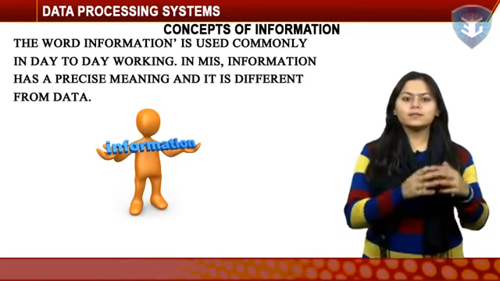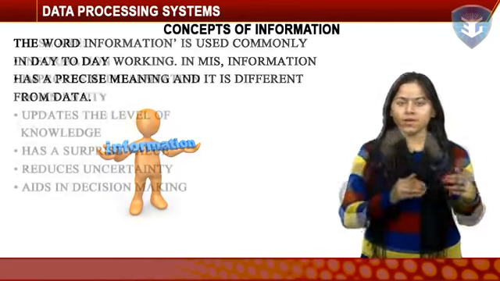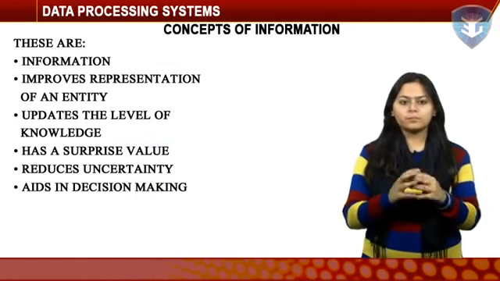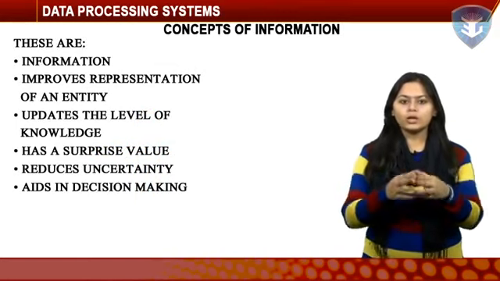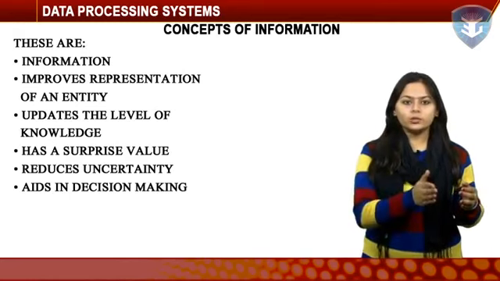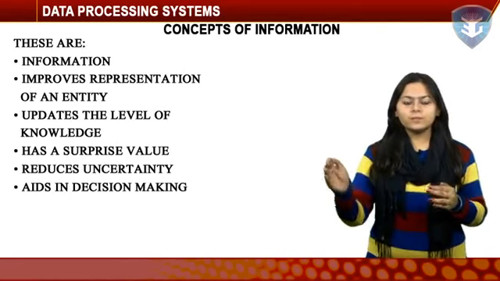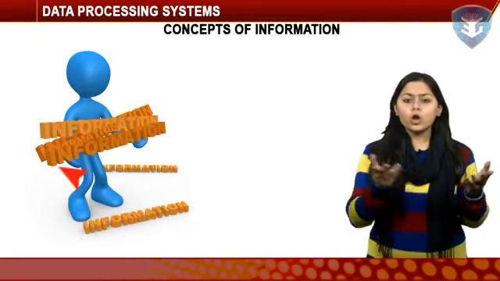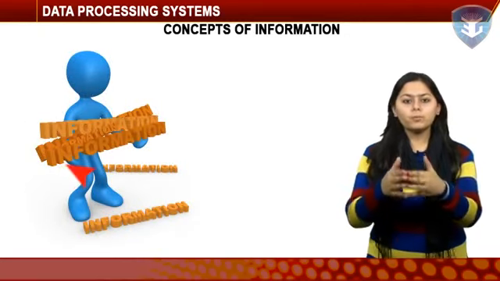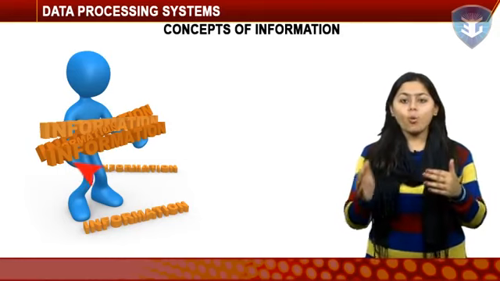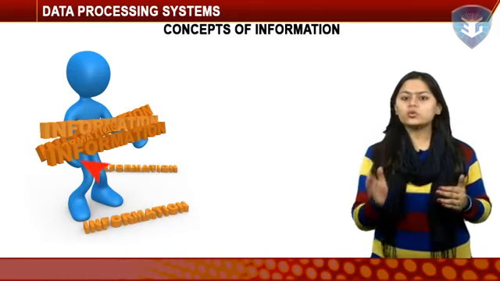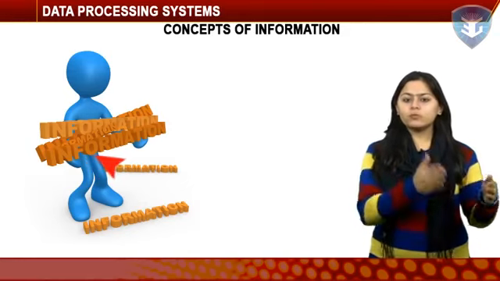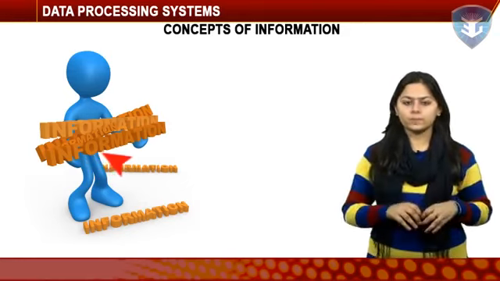Information has certain characteristics. These are: information improves representation of an entity, updates the level of knowledge, has a surprise value, reduces uncertainty, and aids in decision making. The term information system usually refers to a computer-based system, one that is designed to support the operations, management, and decision functions of an organization.